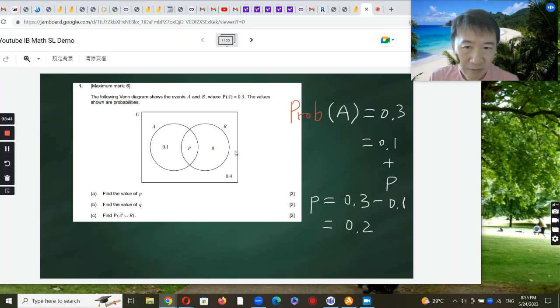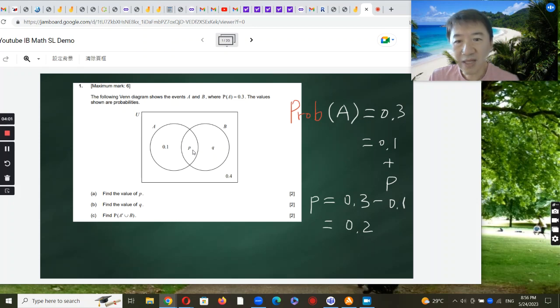And so looking at the diagram, there's this overlap. So you cannot just add the probability of event A and the probability of event B. It won't add up to 1 because there is this overlap.